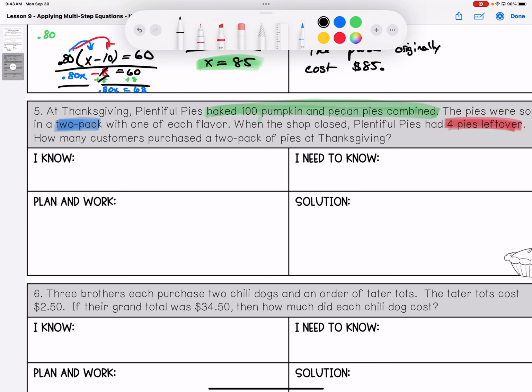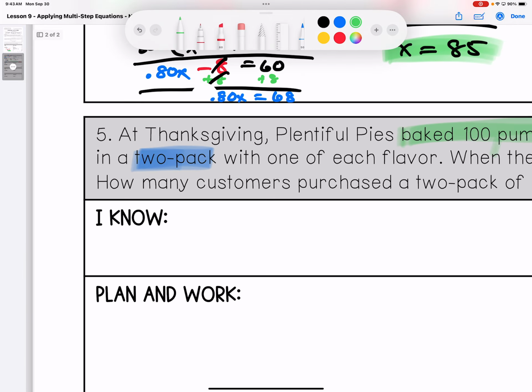So what do we know? Let's go down to what we know. We know that there was 100 pies. We know there was 4 left over. And we also know they were sold in 2-packs.